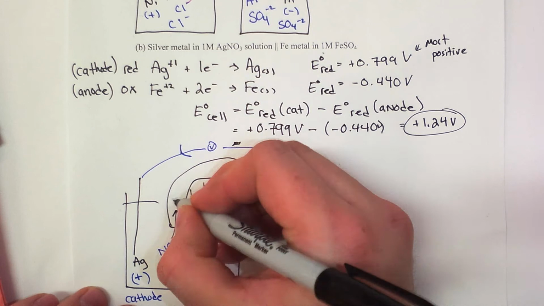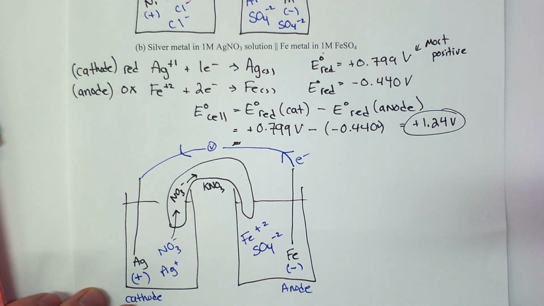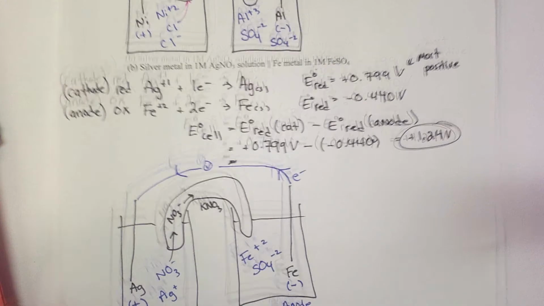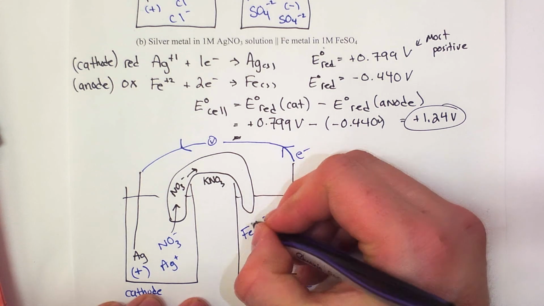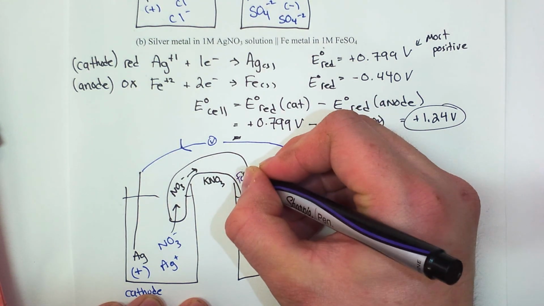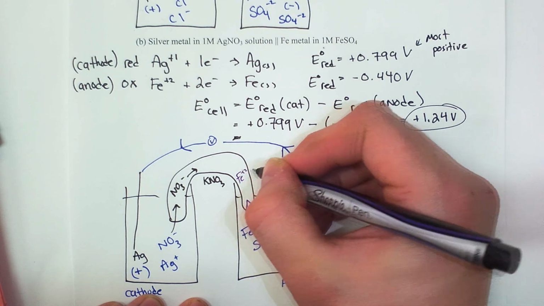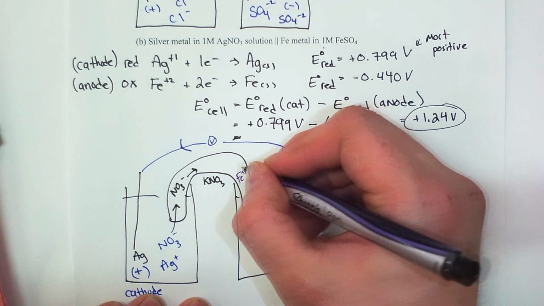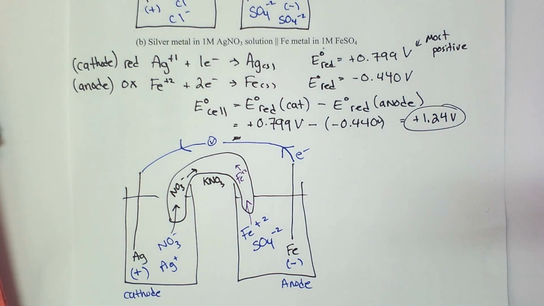The negative ions will go towards the anode, and the positive ions will go the other way. And that's how we do E cells.